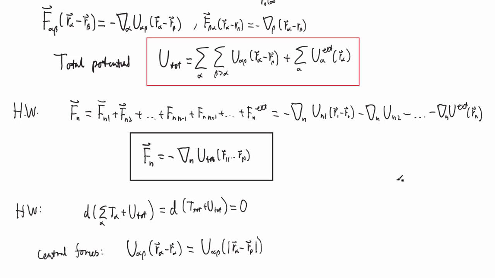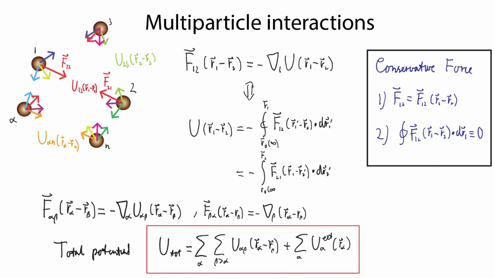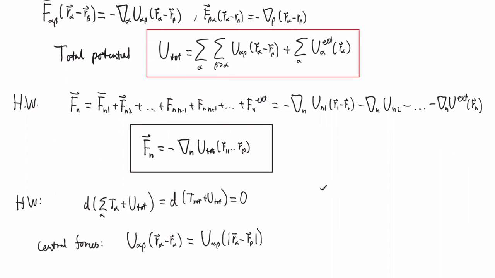Now, if you're dealing with a rigid object, it will consist of many particles, just like what we had up here. But in a rigid object, all the particles are the same distance away from each other over time.